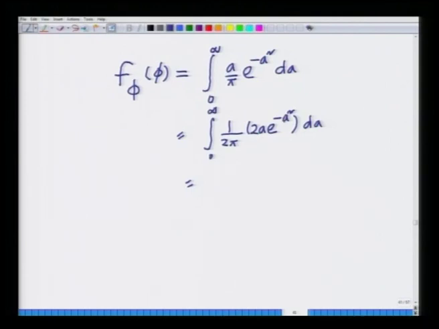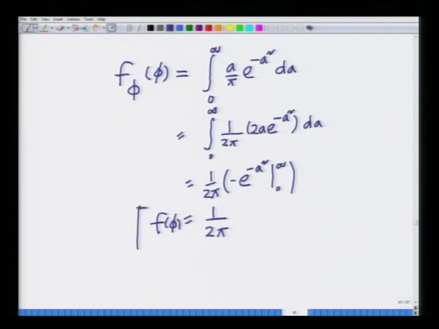The integral of 2a e power minus a square is simply minus e power minus a square between 0 and infinity, times 1 over 2 pi. Minus e power minus a square between 0 and infinity is simply 1. So, this is essentially 1 over 2 pi. So, the marginal distribution of phi is 1 over 2 pi.